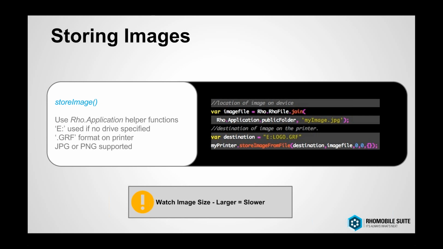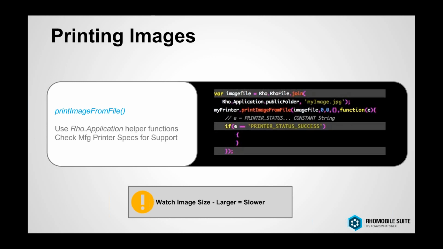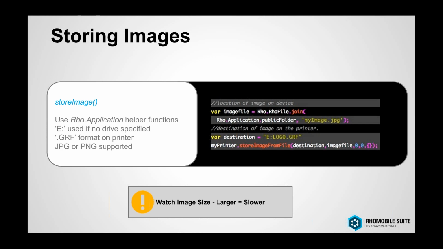Just like printing images, we can store images as well. I'm sorry, I forgot to mention in this case, the image types are JPEG or PNG. Those are the image types that we support. Storing images: there is an API called Store Image that allows you to store an image on the device. So maybe you have a logo or something else that you're going to use repeatedly. You may want to store that image on the device and then reference it later.